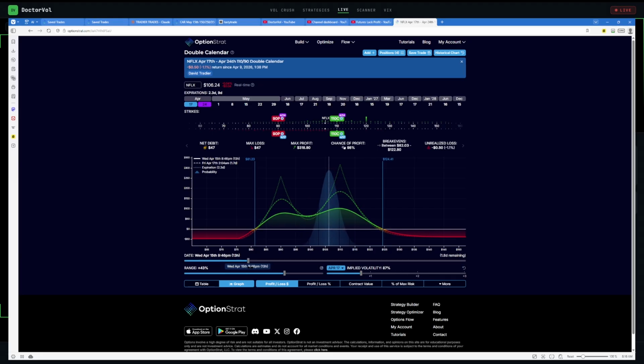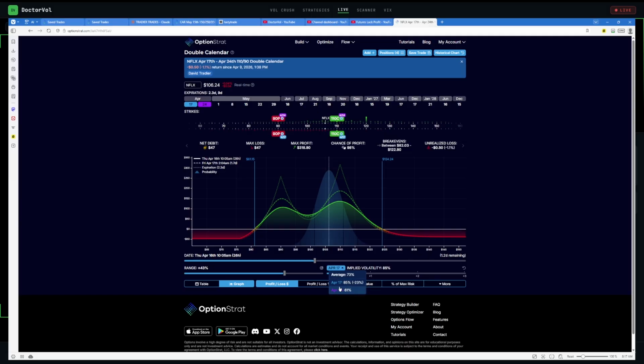Also, let's say tomorrow morning, Thursday, let's say at 10 o'clock. If vol does contract, you can see that you'll find more profitability. Now, how much will vol contract? Well, you see that April 24th is currently at 61% vol. All right.